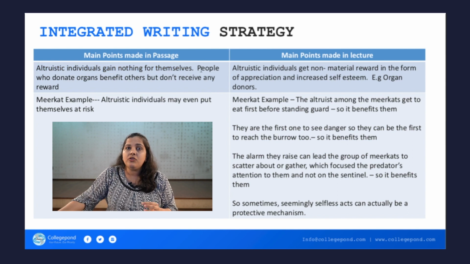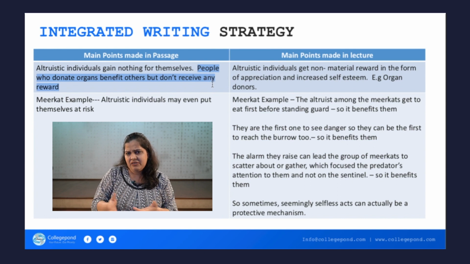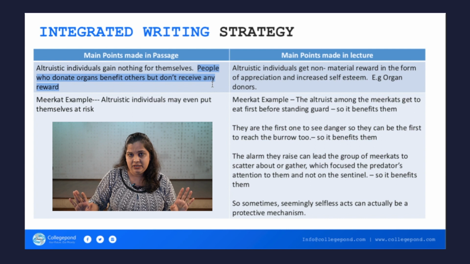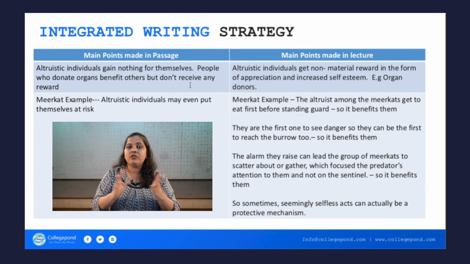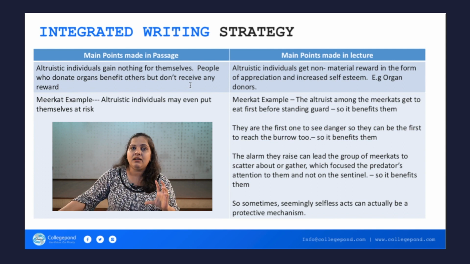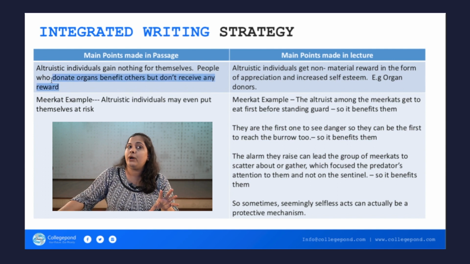Then they also explained that idea using the example of people who donate organs. They definitely benefit others, but they don't receive any reward. So they don't receive any rewards is basically the same as they gain nothing for themselves. So that's one point actually, not 2 points essentially. So I clubbed them and I made that particular part as 1 point, right?